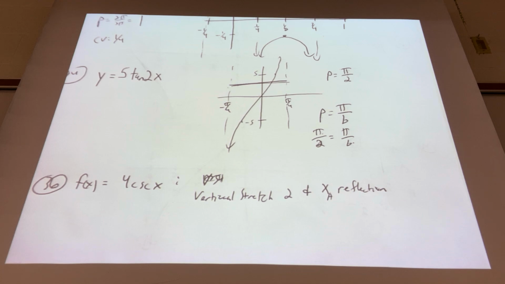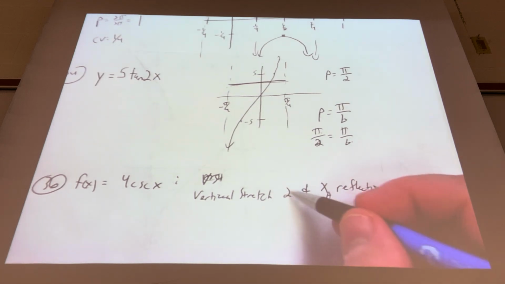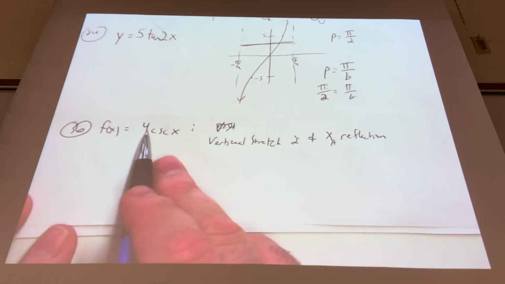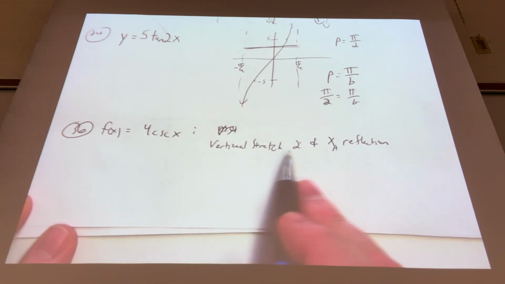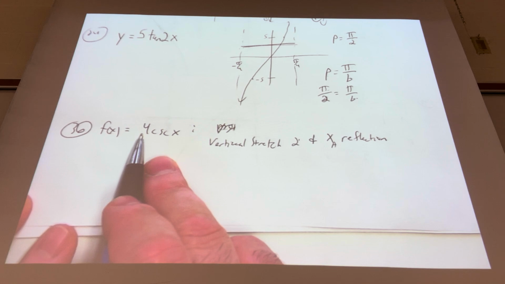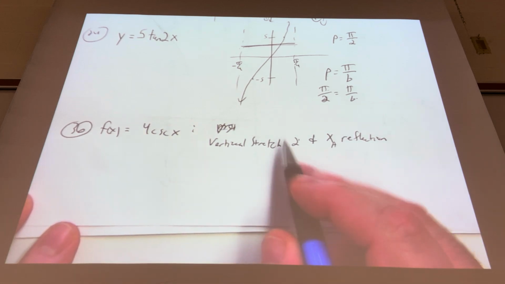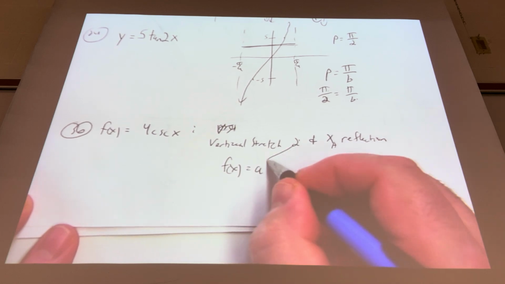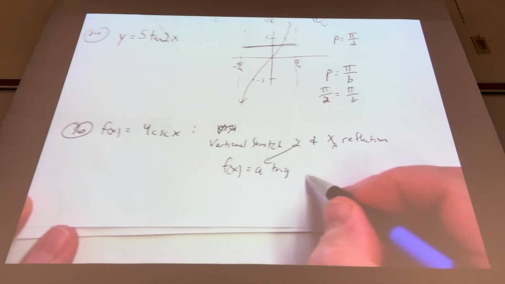What does the vertical stretch factor do? It's multiplying by 2, right? Remember, the vertical stretch factor in any part here talks about the a on our trig function, right?